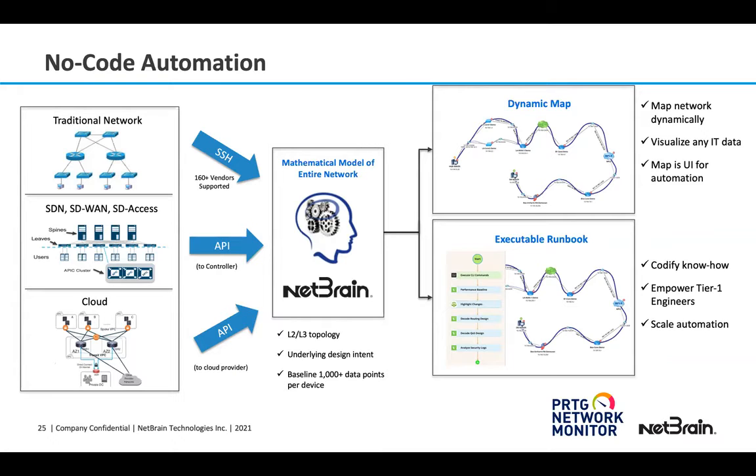And these are the people who are working on the network. They're troubleshooting, but all of the tasks they perform to solve a particular problem on the network get codified within the runbook. So the idea here is write once, execute anywhere. By doing this, you're codifying that knowledge and putting it into a tool that everyone can use. And it's this whole combination of NetBrain's data model and this flexible automation technology that enables adaptive automation.